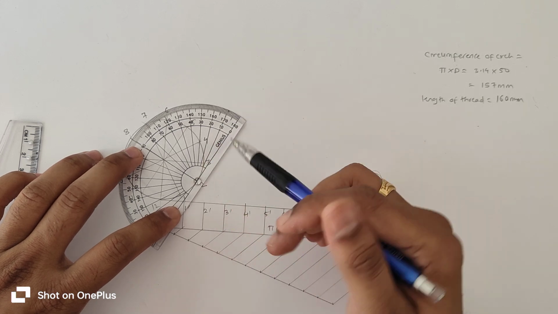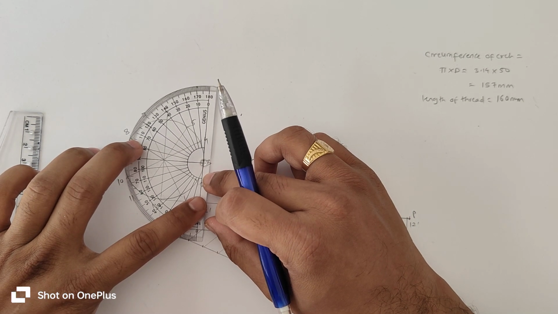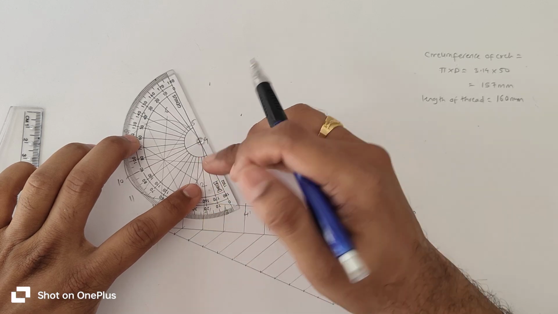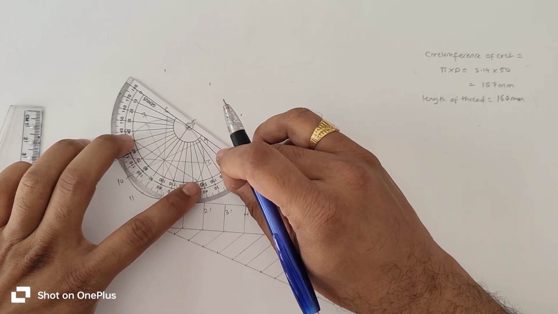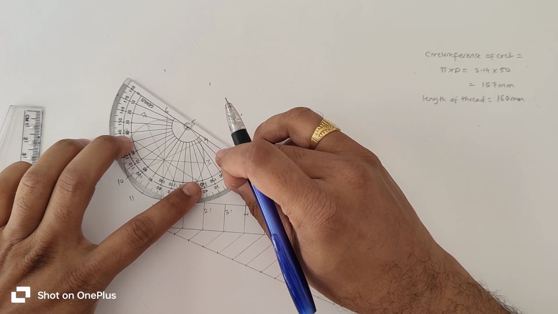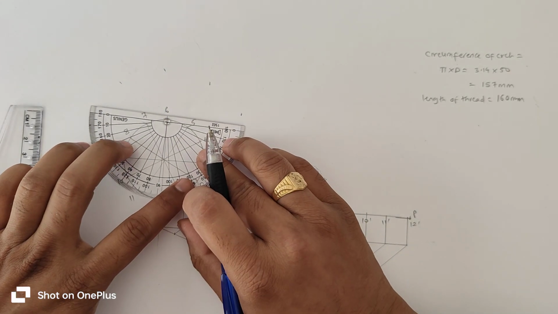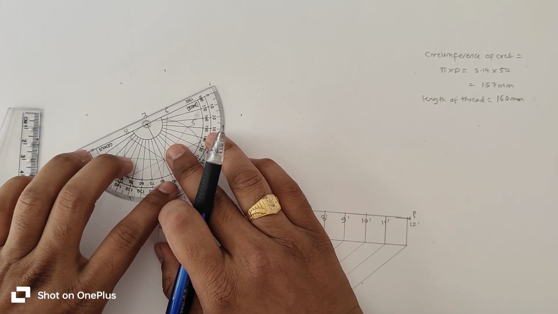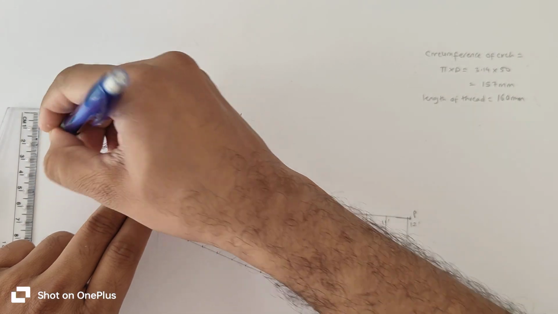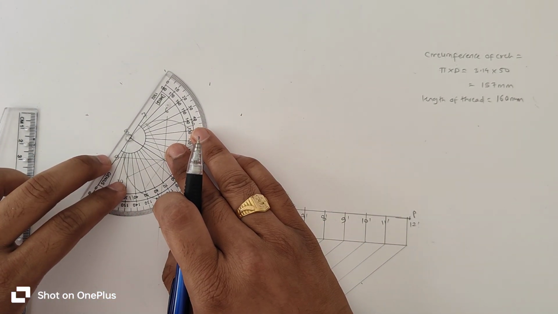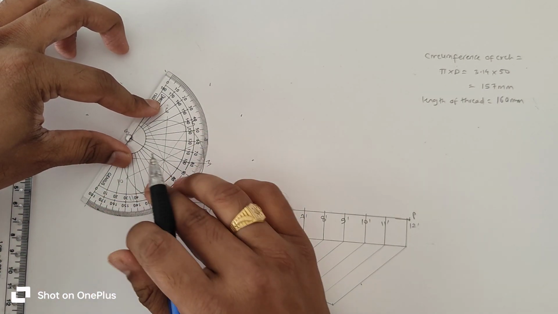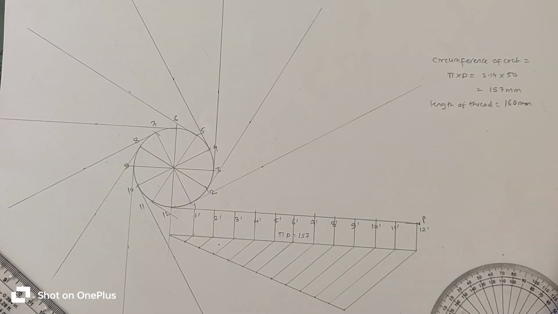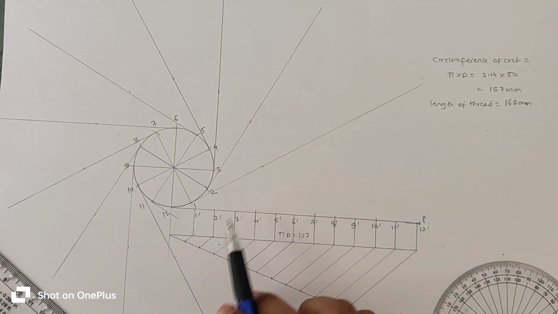So we will draw a tangent to each point from 1 to 12. So these are the tangents to each point.